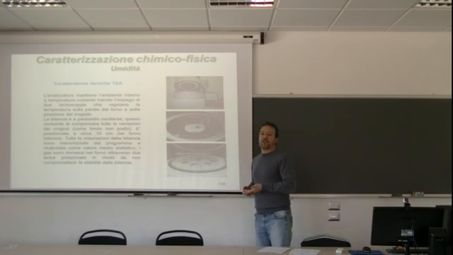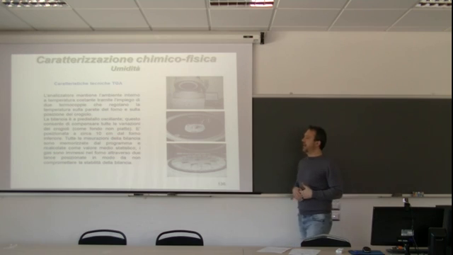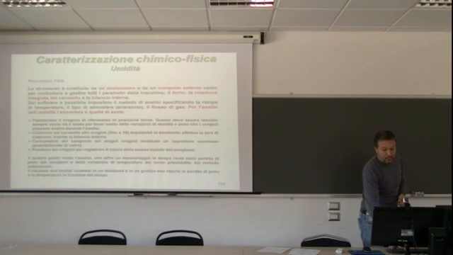And so the balance measures the weight change and automatically can give you the information about moisture, because the difference between the initial and final weight gives you the moisture content of the sample.